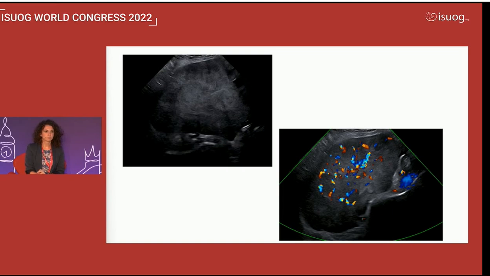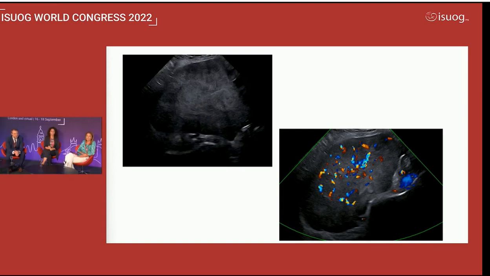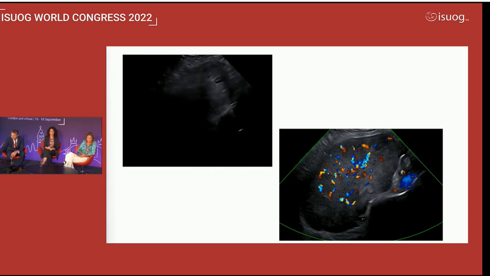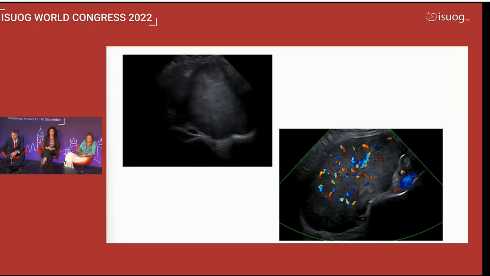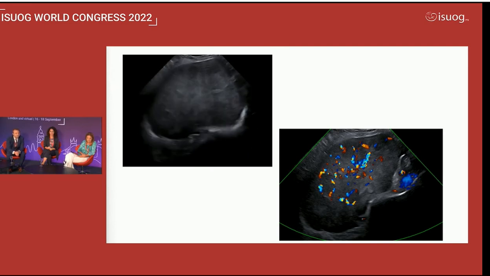Because again, we are in front of a solid tumor. Let's look at the surface. Upper on the left. Yes, okay, thank you. Because here you can see the appearance clearer.